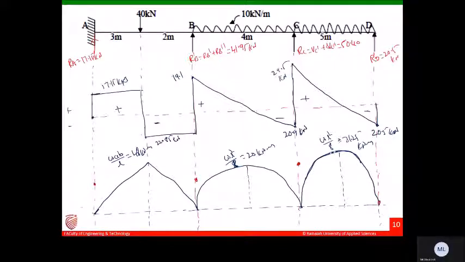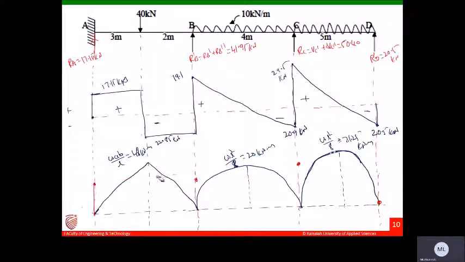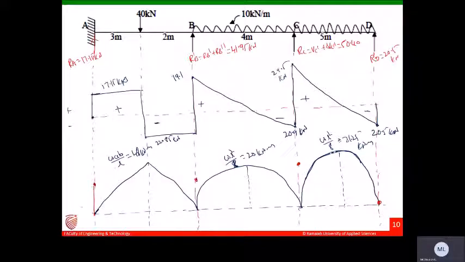And at this, 0. Then let us join those lines.